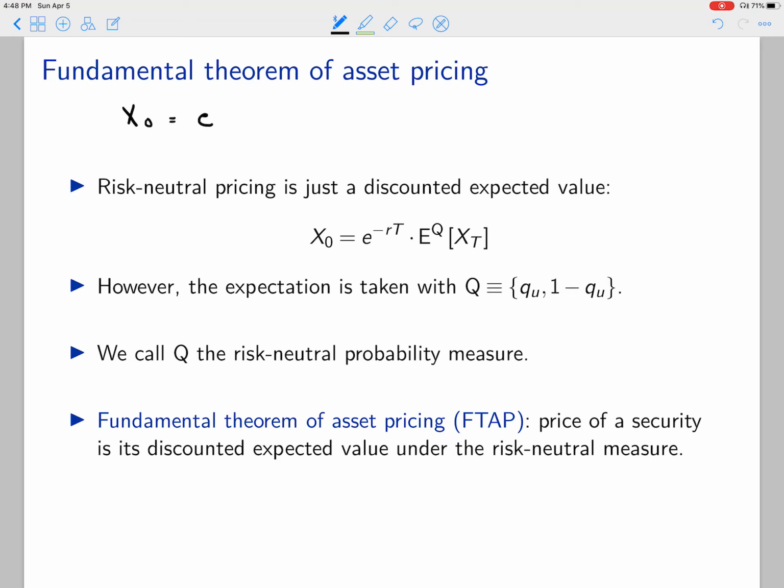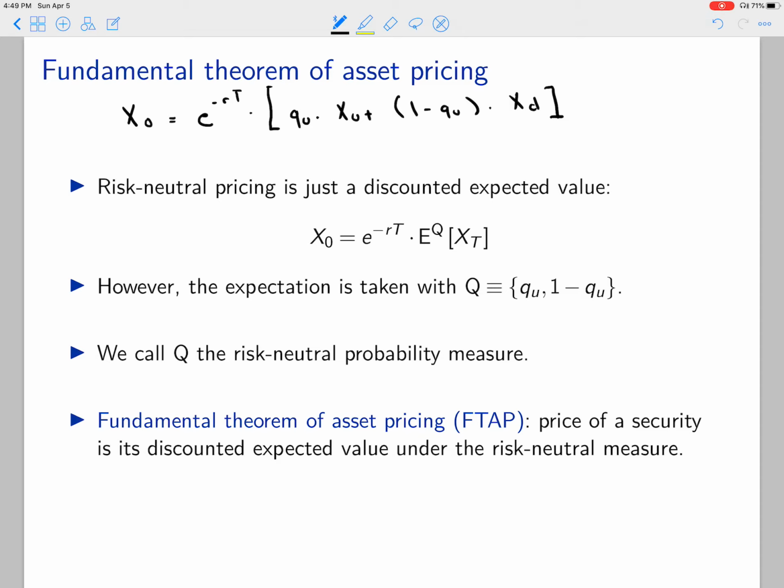That was equal to e to the negative r times t times the quantity qu dot xu plus qd, or 1 minus qu, dot xd, where xu and xd are the payoffs of the derivative x that we are interested in pricing, and qu and 1 minus qu, which is equal to q sub d, are the risk-neutral probabilities.